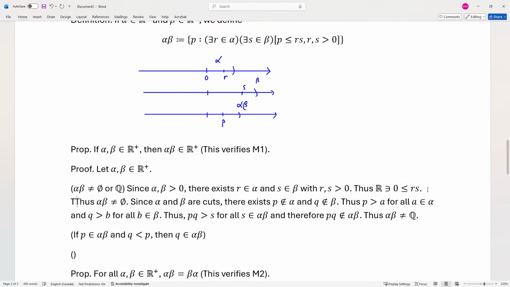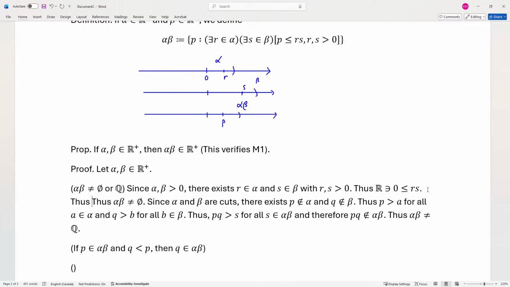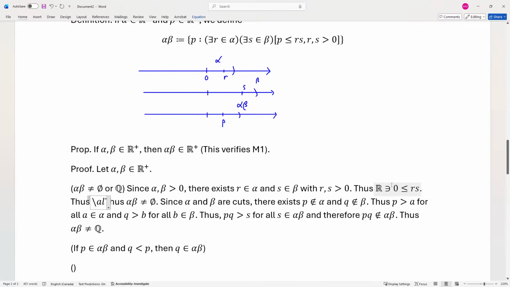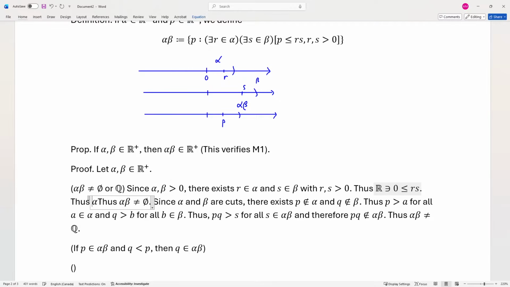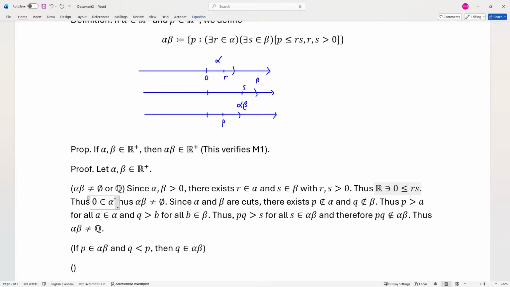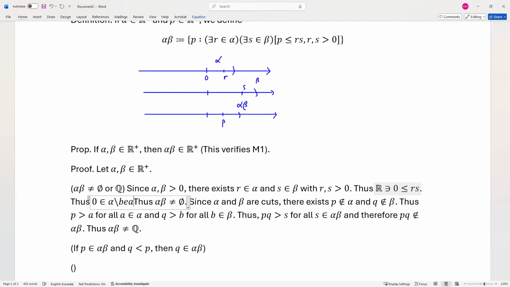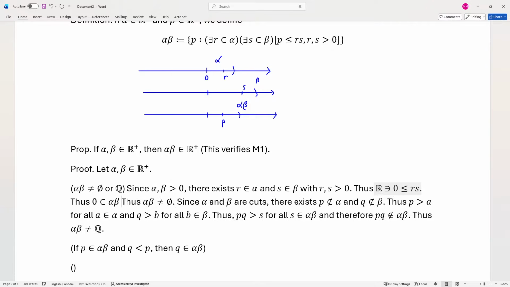I didn't write that; when I wrote this, I meant to check that 0 is in alpha times beta.